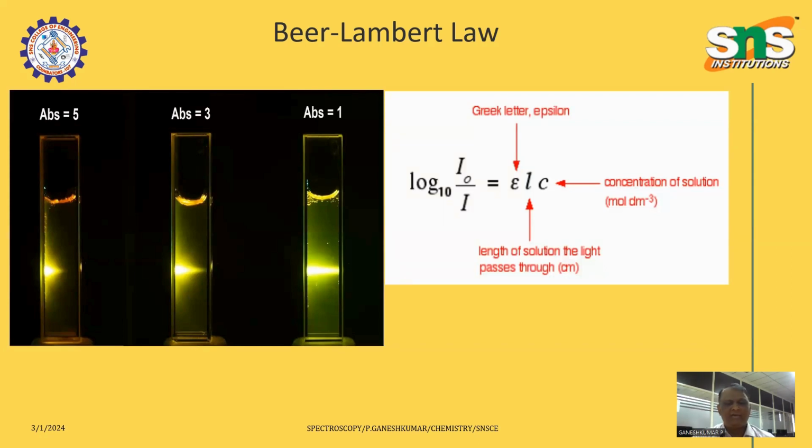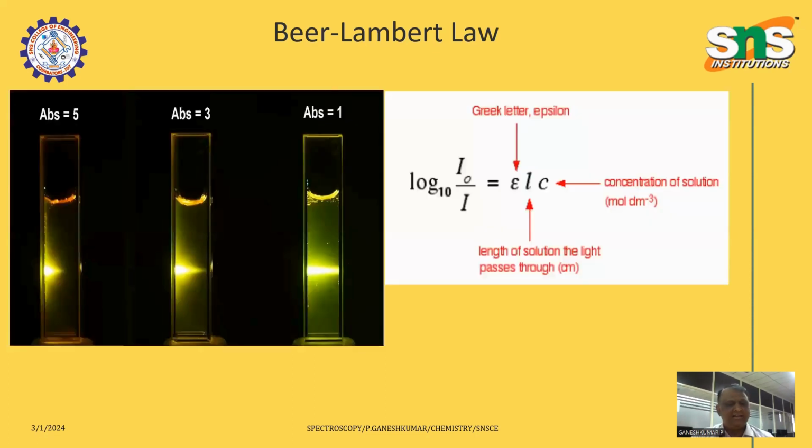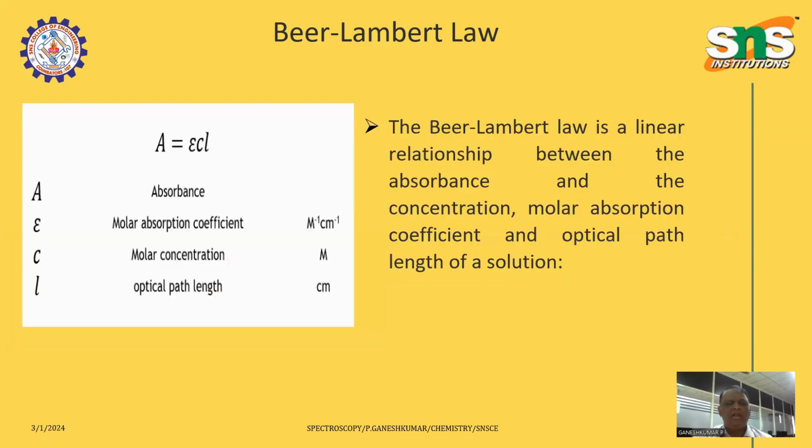So the Beer-Lambert formula is represented like this. Log to the base 10 of I0 by I, which is absorption, is equal to epsilon L C. We already said log I0 by I to the base 10 is the absorption, so the formula can be rewritten as A is equal to epsilon CL.